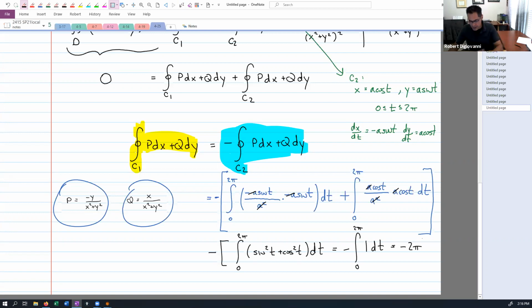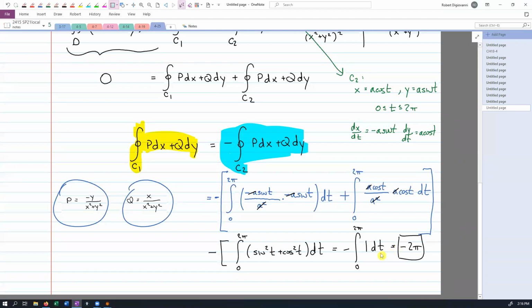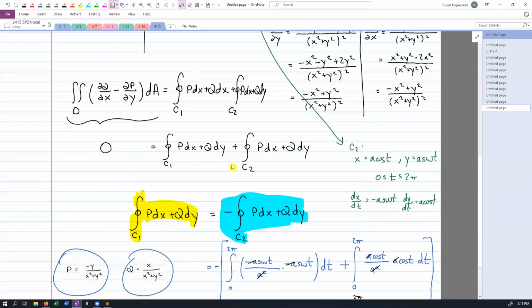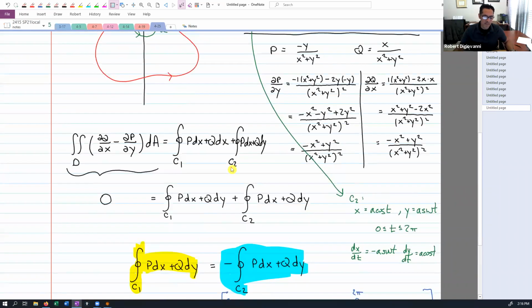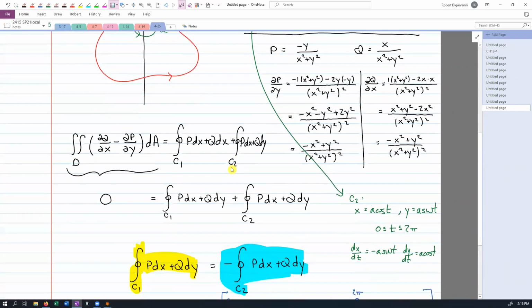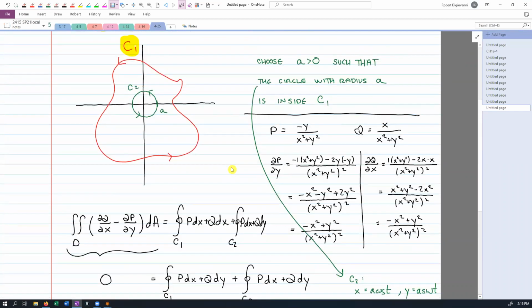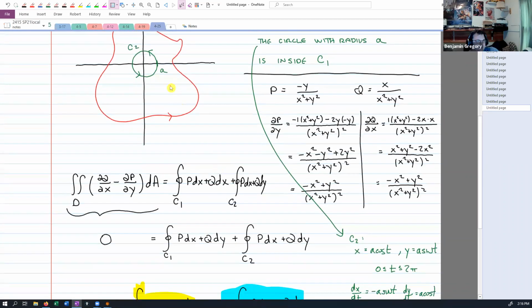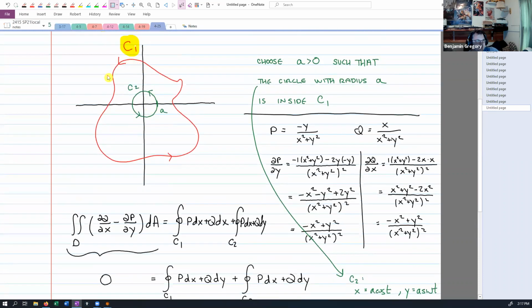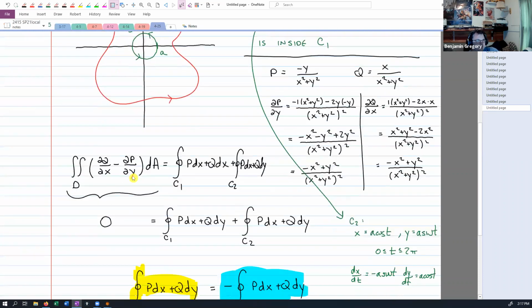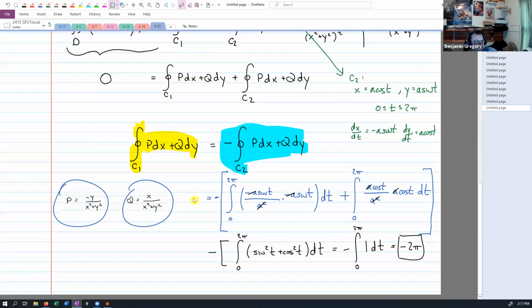Now hold on, we're getting a negative. Where did I mess up? You should have computed the yellow integral, C1, since you just solved for C2. Oh, you know what? Hold on. Well, no, we know that C1 is going to be the same as negative C2, so you're going to get 2 pi as your answer. Yeah, but I thought I accounted for the negative right here.